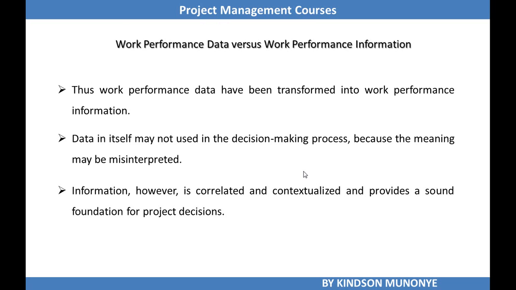Another output that we might need is change requests, but before we look at change requests, I've pointed out differences between work performance data and work performance information. Work performance data will be transformed into work performance information. Work performance data undergoes transformation analysis and becomes work performance information.